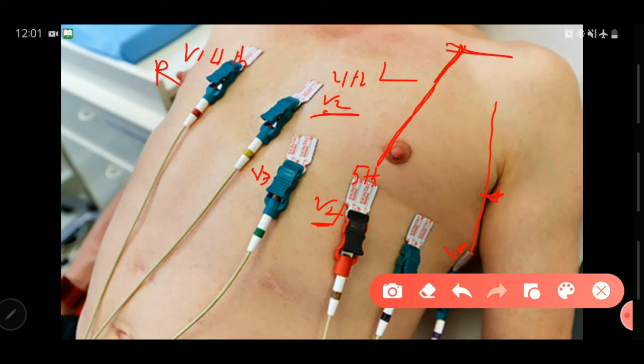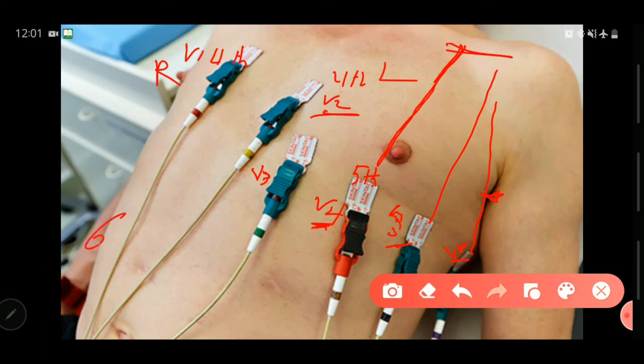You put the V number 6 on the mid axillary line, and that is the V number 5, the last one, which you put at the anterior axillary line between the V number 4 and V number 6. You put here V number 5.